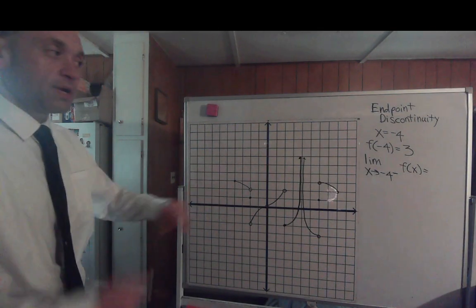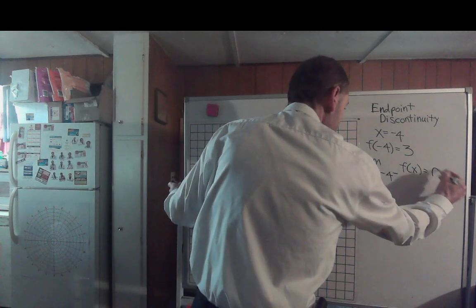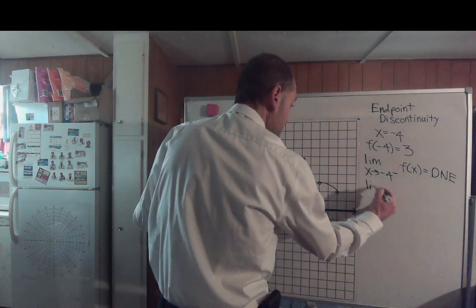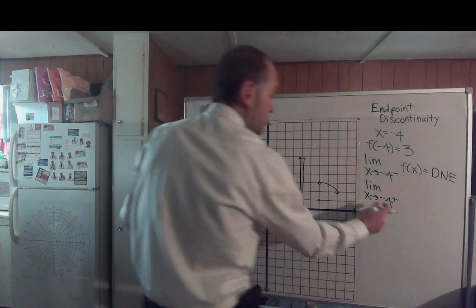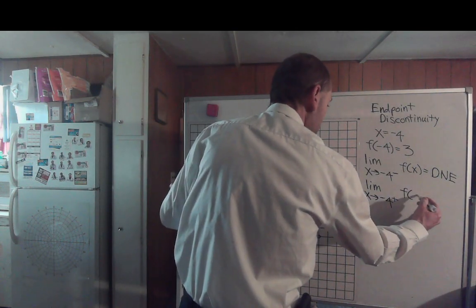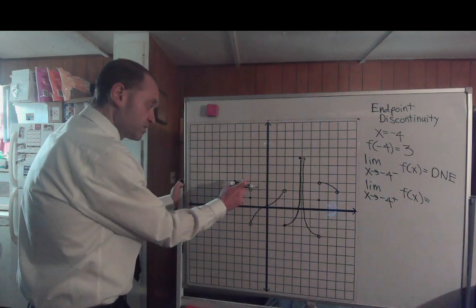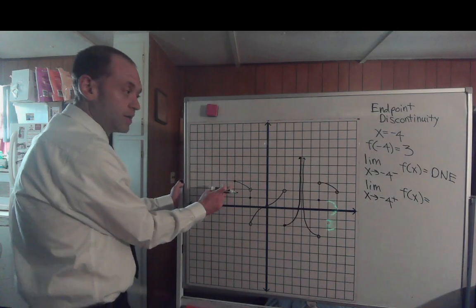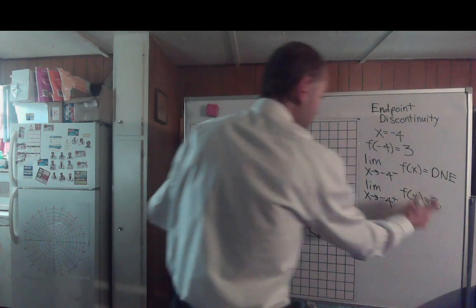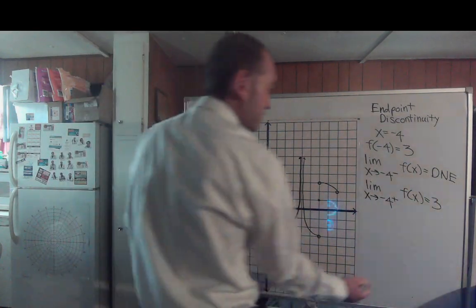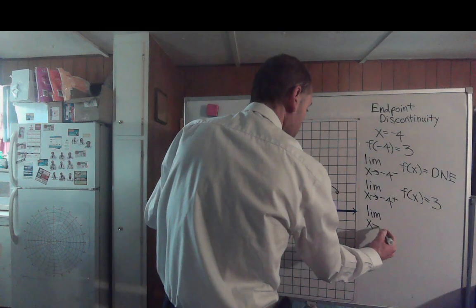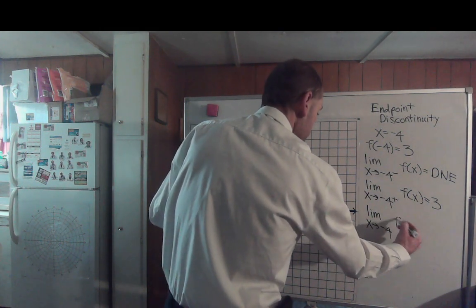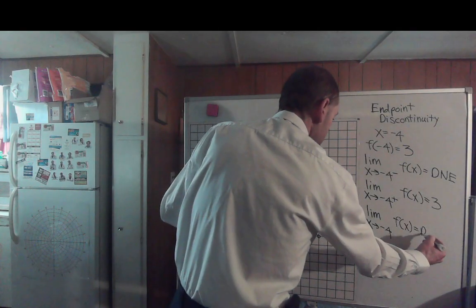So right away we have a left-handed limit that does not exist, which means the general limit for sure won't exist, but we still need to answer the question of what's the right-handed limit. So what's the limit as x approaches -4 from the right of this function? If we trace along this graph to x equals -4 from the right, we get to that y value of +3. So the right-handed limit's +3, but the left-handed limit doesn't exist. So therefore, the general limit as x approaches -4 of this function actually does not exist.